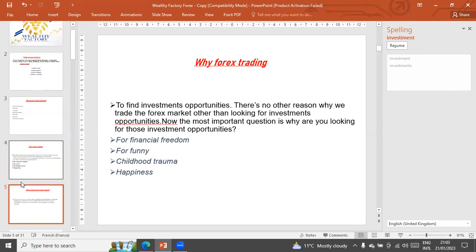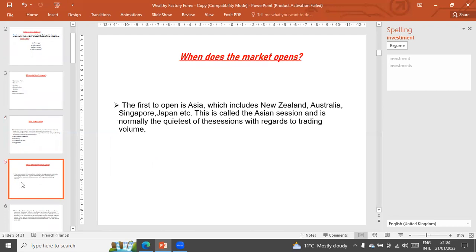So let's move on to the next one, which is when does the market open? The first to open is the Asian session. We call them sessions. It includes New Zealand, Australia, Singapore, Japan, and etc. This is called the Asian session and is normally the quietest of the sessions with regards to trading volumes.